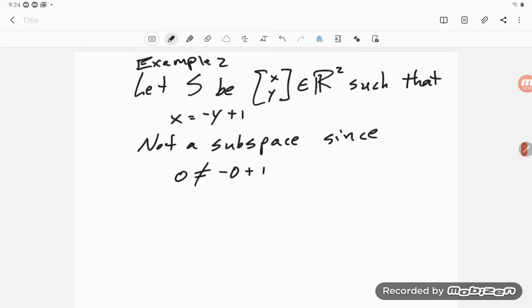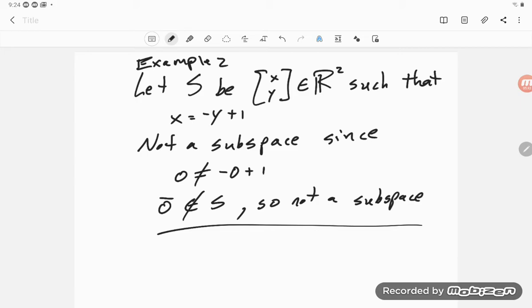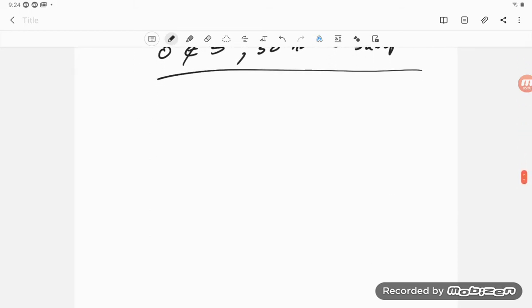So the 0 vector is not an element of S, so not a subspace. I showed by a counterexample to one of the properties of a subspace that it's not a subspace.